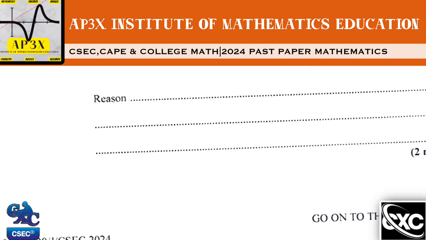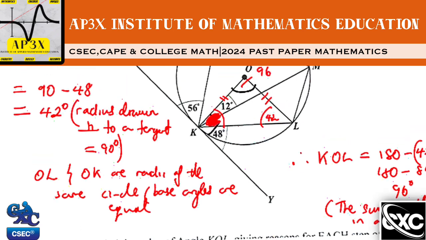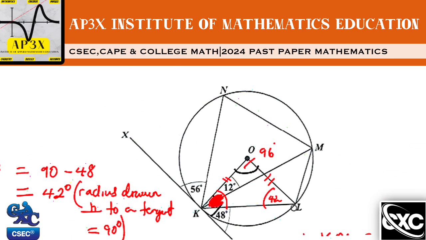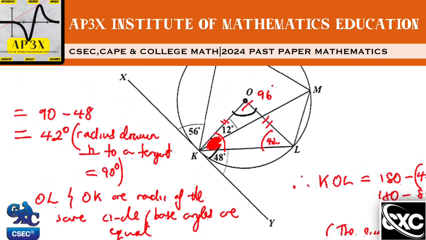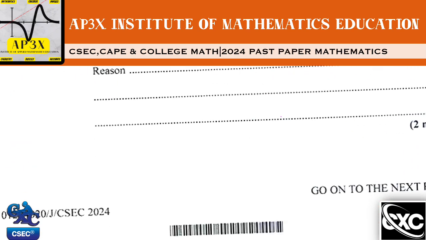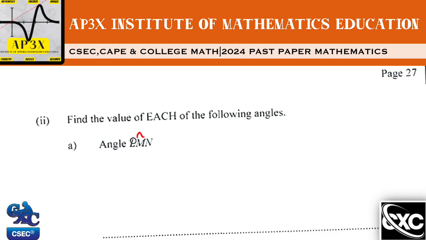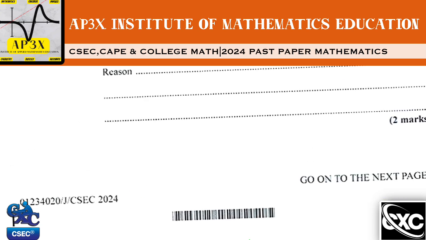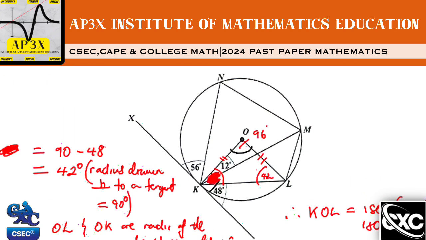So L is here, M is here, and N is here. Let's double check on that. Make sure that we have the right one. We're looking for all of this angle here, angle LMN.